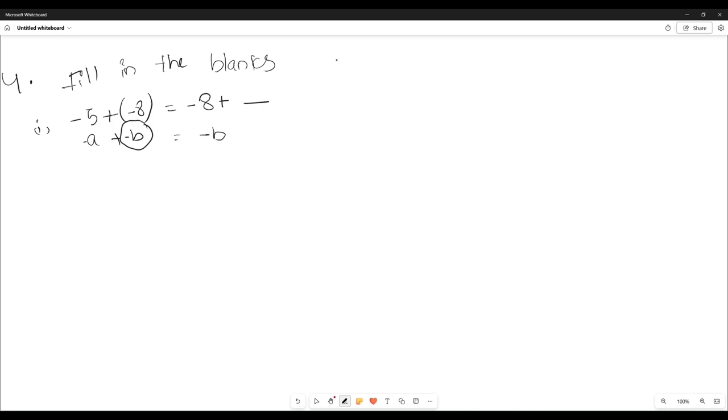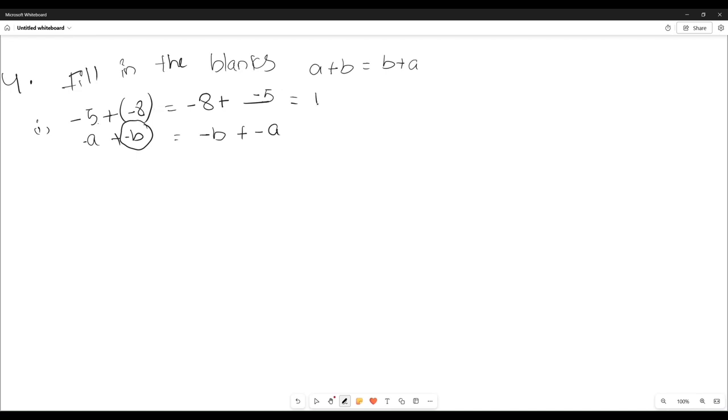So what is missing here? A is missing. The formula is A plus B equals to B plus A. What is the value of A here? A is minus 5.